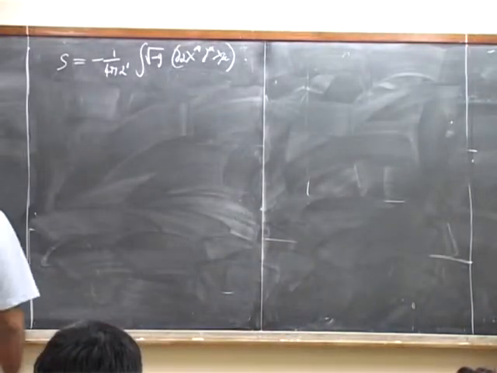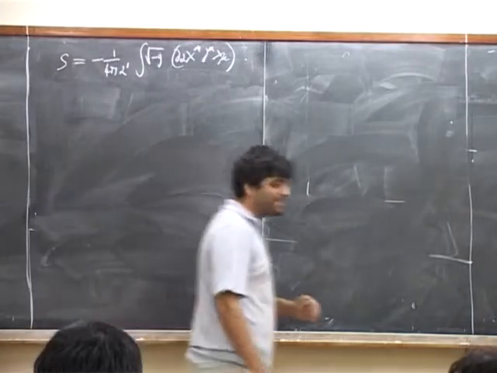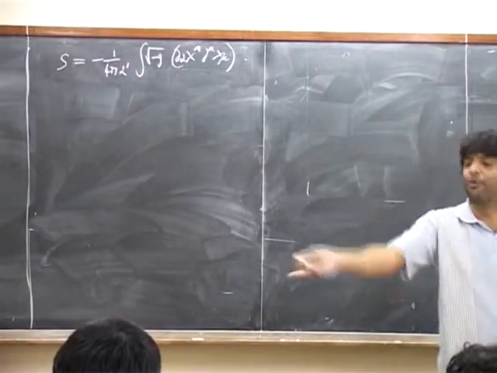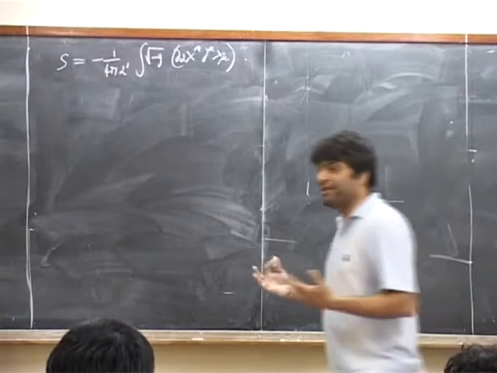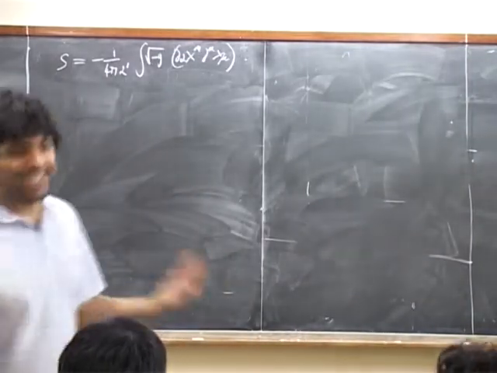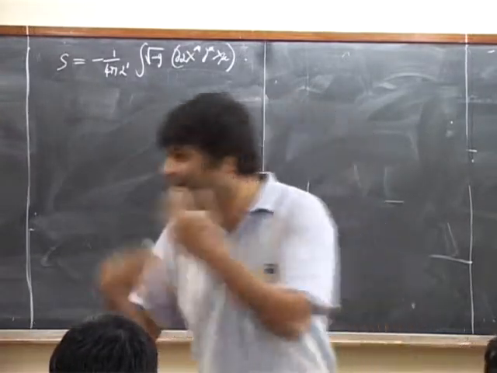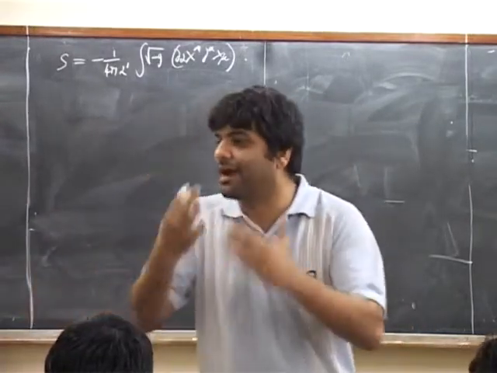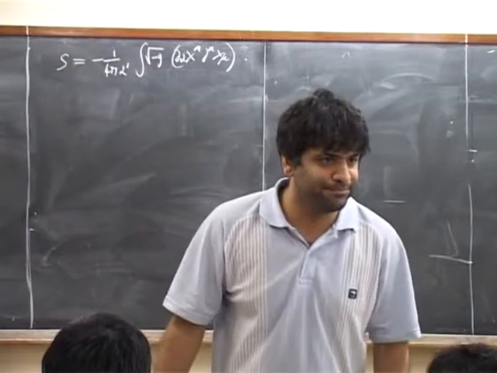The first thing I'm going to do is to use an analog of method number 4. The last method, if you remember, was to take an action that had gauge symmetry, fix the gauge, but be careful about dealing with the constraints that accompany the gauge fixing.